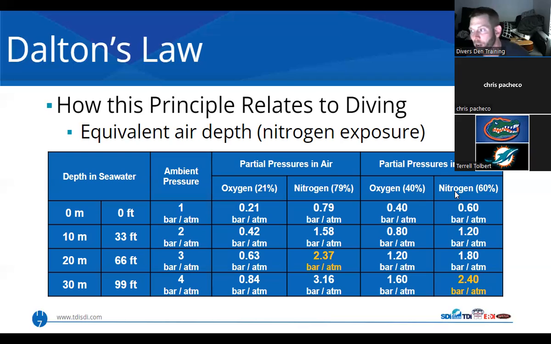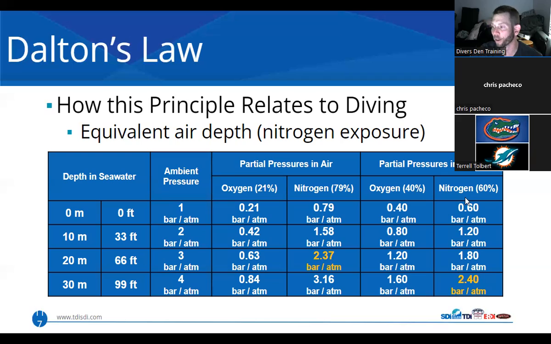This is where you talk about no decompression limits when you're teaching people. That's a function of the nitrogen partial pressure dissolved in your body, and the rate at which you ascend. That's how you control nitrogen exposure, and that's what you learn in open water. They may not recognize that.